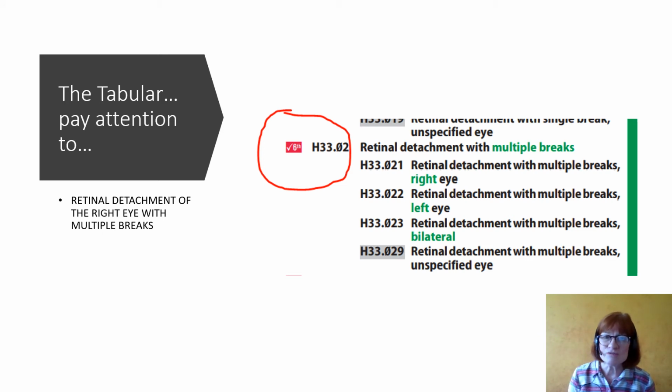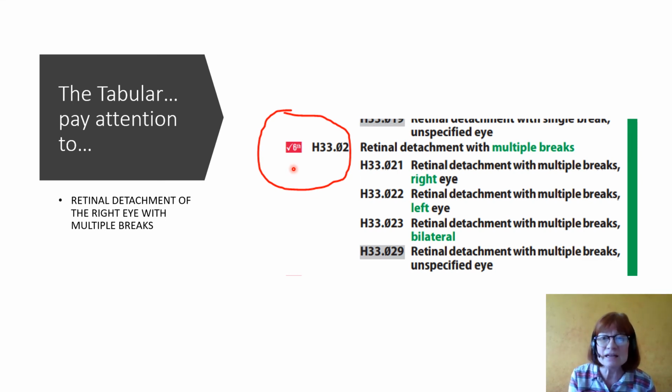So now we've found our code in the tabular list. We found our H33.02. And that little dash and check mark is letting us know there's more characters. Every letter and number is a character to the code. Take a look at this little red check 6th, or you may see a check 4th.